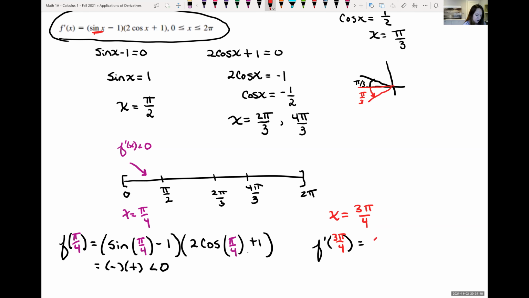That's a negative number. Cosine of 3 pi fourths is negative root 2 over 2. Our 2's will cancel, and so we have negative root 2 plus 1. Negative root 2 is smaller than negative 1, so that's going to be a negative number. And so we have a negative times a negative, which is going to give us something greater than 0.